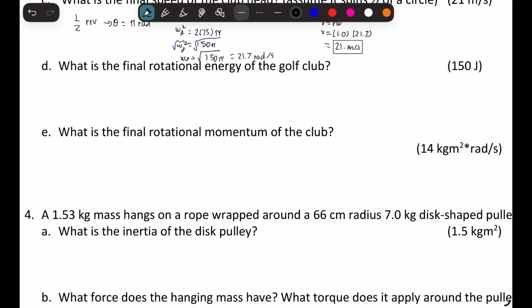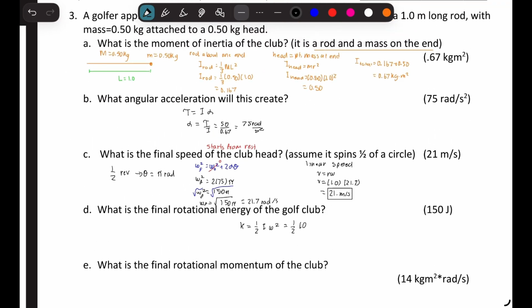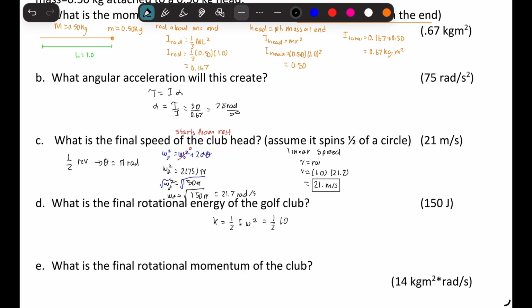Well, rotational energy is going to be equal to K, 1/2 times the moment of inertia times omega squared. That's going to equal 1/2 of the moment of inertia that we found was 0.67 in total up here.